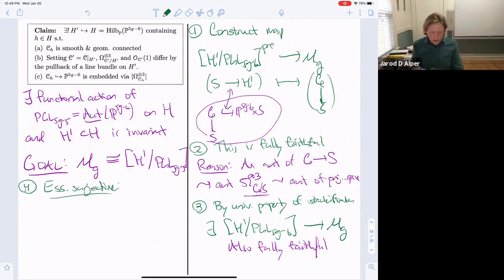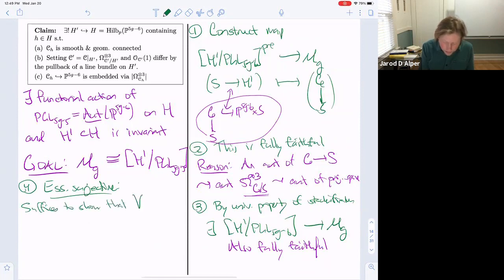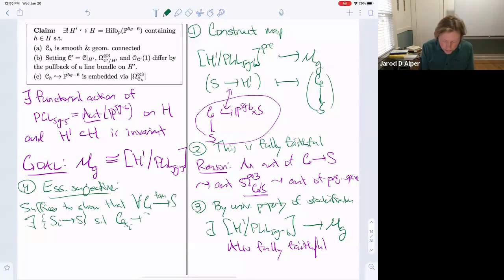To show it, we need to show every family is in the image, and it suffices to show that for all families of smooth curves, there exists an étale cover such that the restriction C_i is in the image.